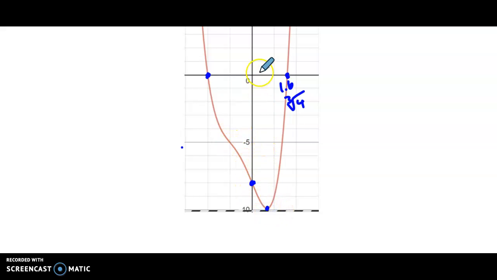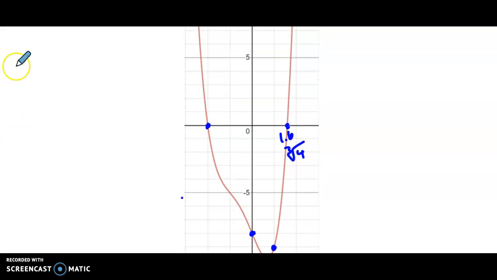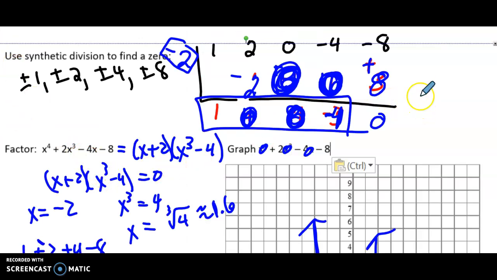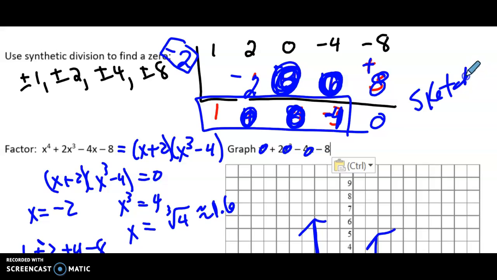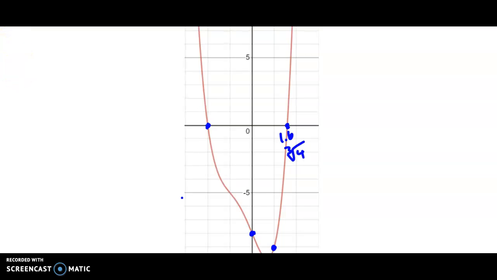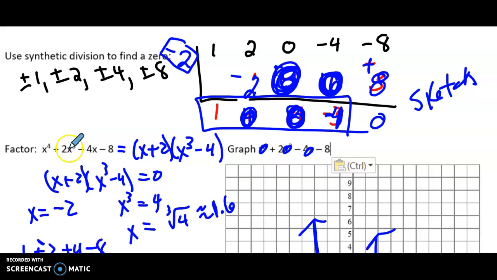We went down to 1, -9. I kind of had it, you know, you miss a little bit, but you get a nice, good sketch. Again, that's why it's called a sketch. Okay, it's very close, but it might not be exact. Now that we have Desmos, we can get exact. Okay. Oh, I believe that was it.